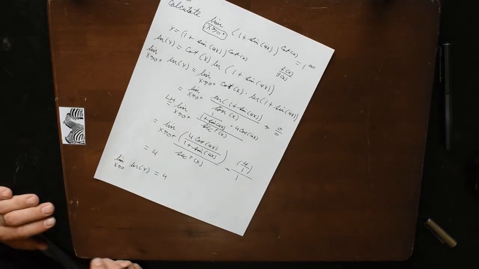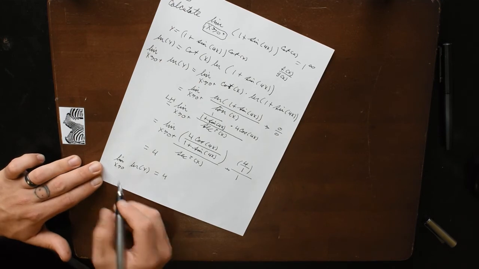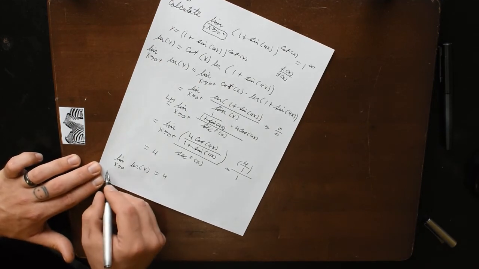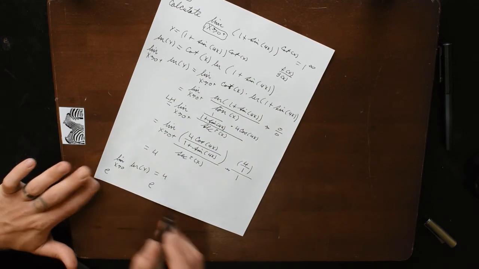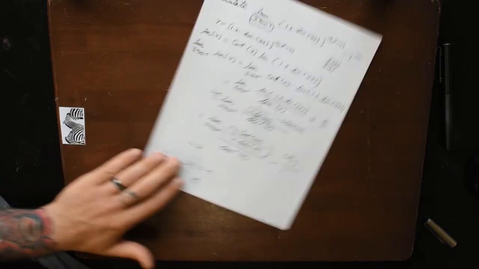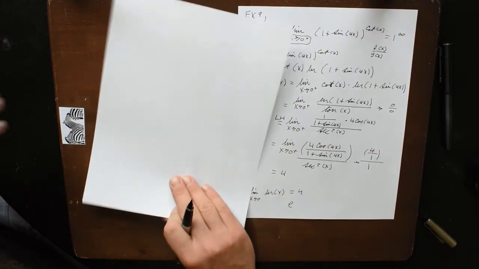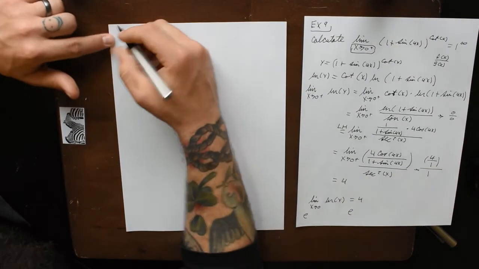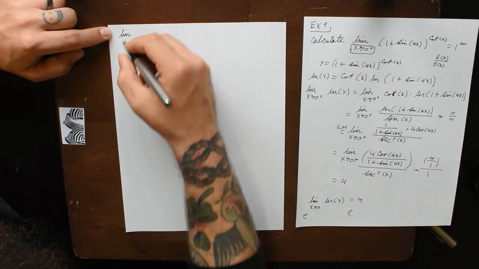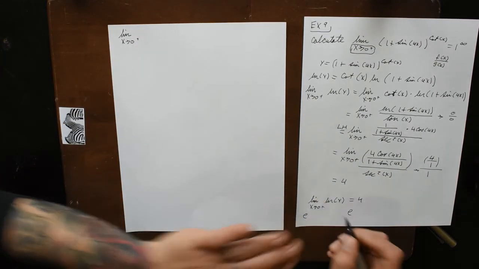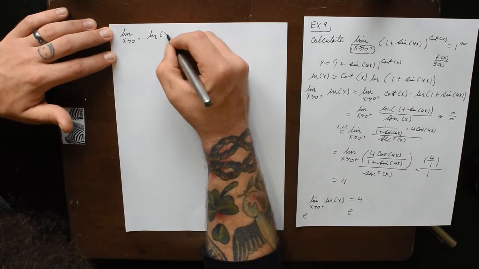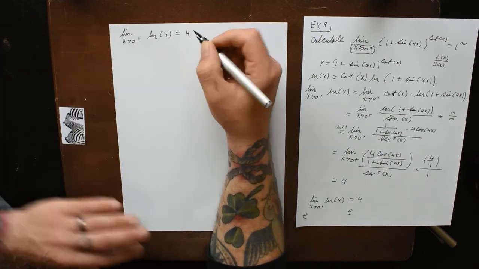Well, what we want to do is raise both sides of this equation to e. Limit as x goes off to 0 from the right of the natural log of y is equal to 4.